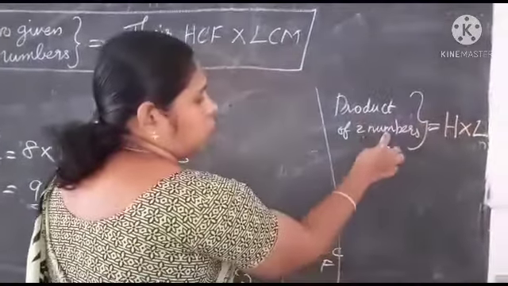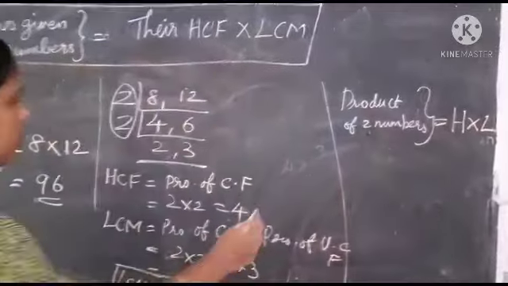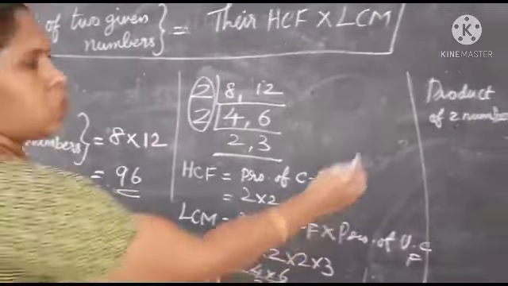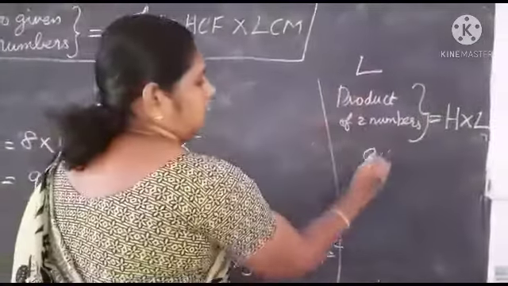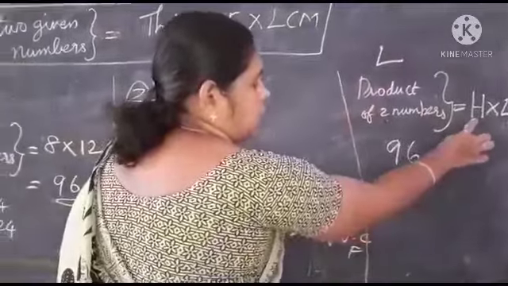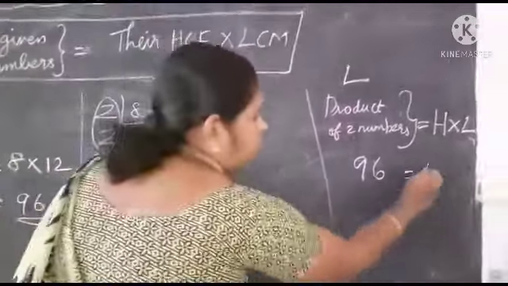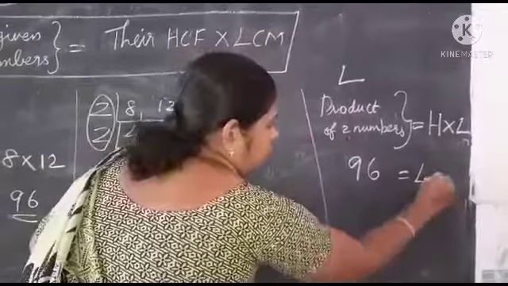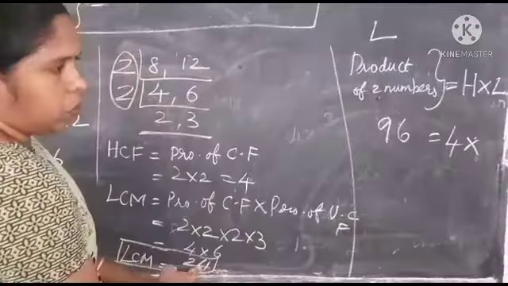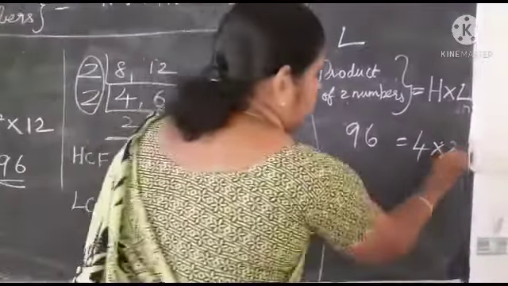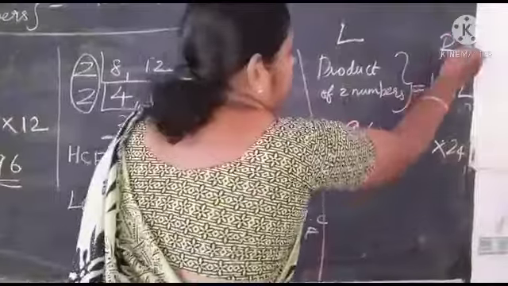So what is the product of two numbers? Here we are getting 96. So write 96 on the left side. What is the HCF here? HCF is 4 and LCM is 24. You write that on the right side.